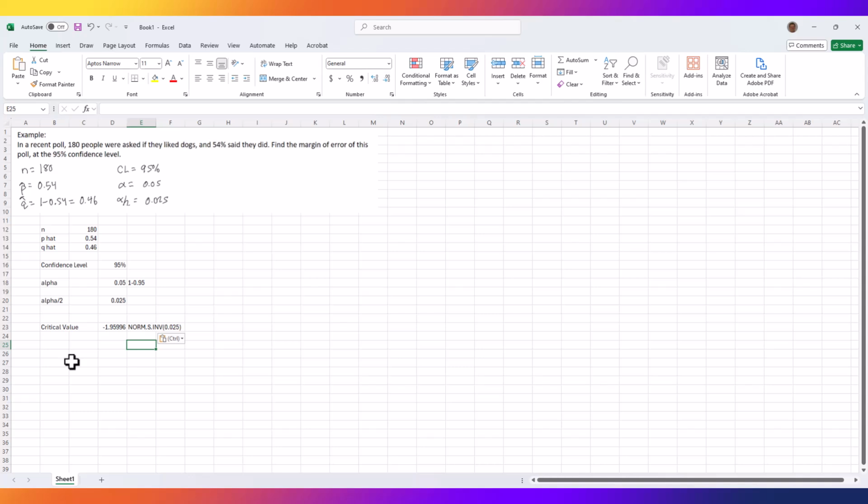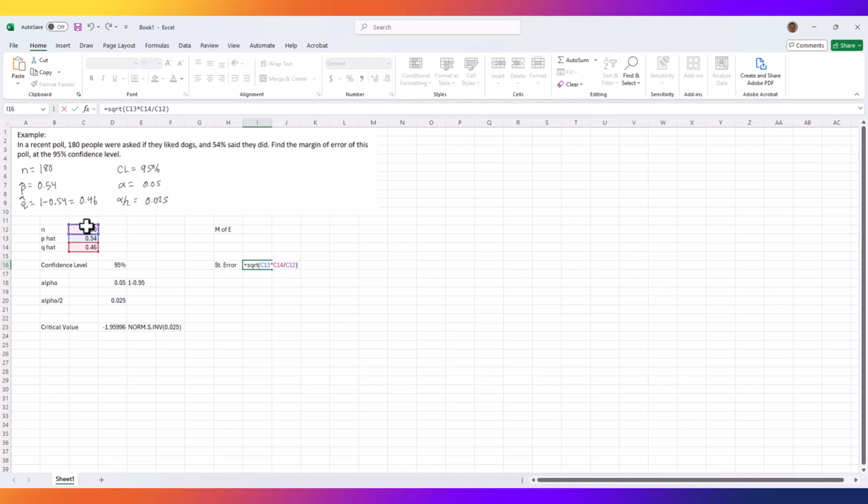The critical value is a little bit new. Now finding that margin of error, that's really capital E, but I like to say M of E for margin of error because there's a little bit to do here. We need the standard error. The standard error for the proportion is the square root of p hat times q hat divided by n.